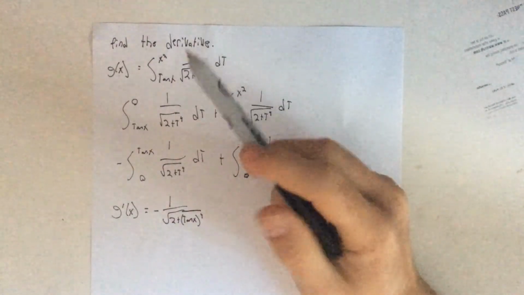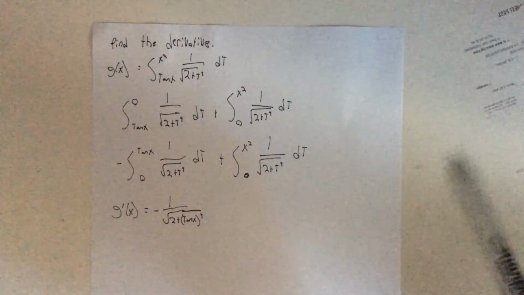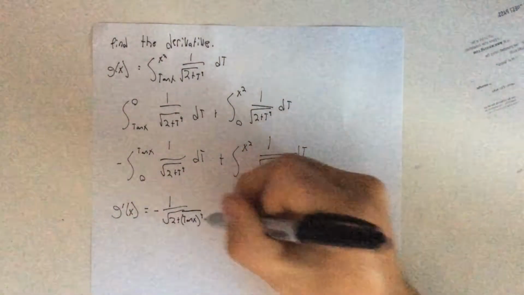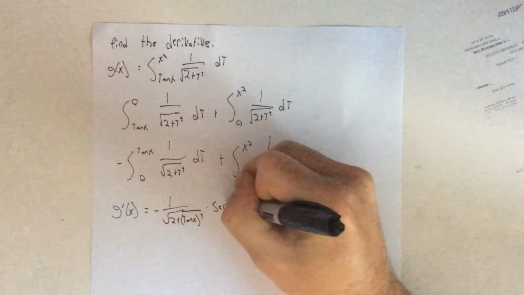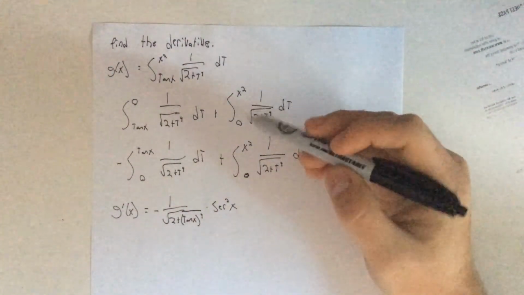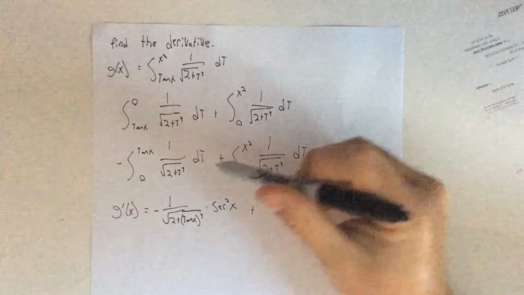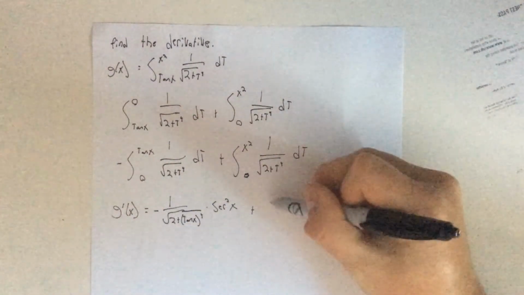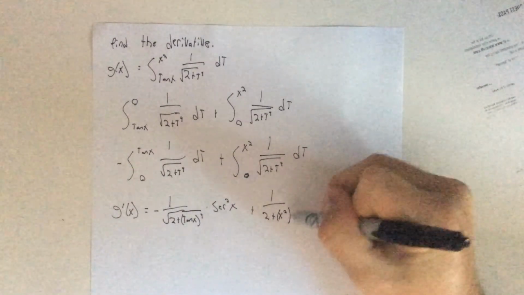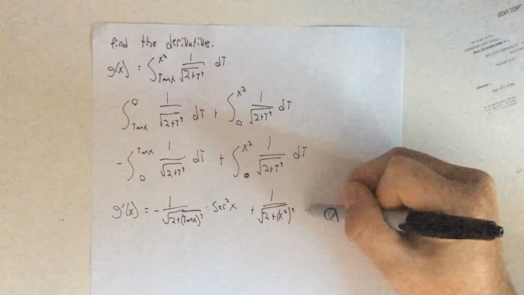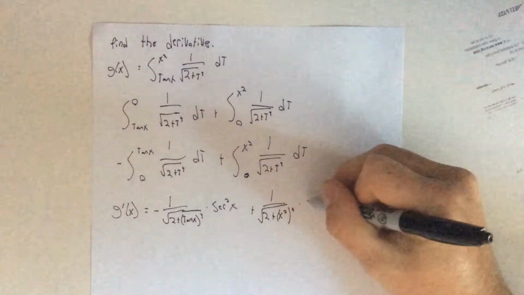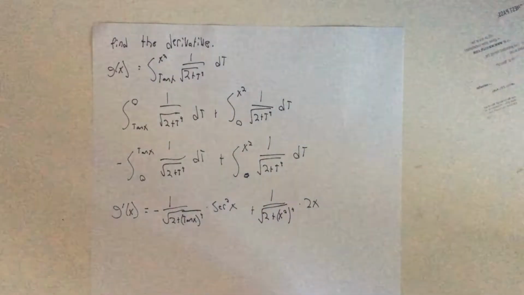But then, because it's a tan x and not just an x, we have to also multiply by the derivative of tangent, which is secant squared x. And then we have to do this piece, plug in our x squared to the 4th, and then multiply by 2x, because that is the derivative of x squared.